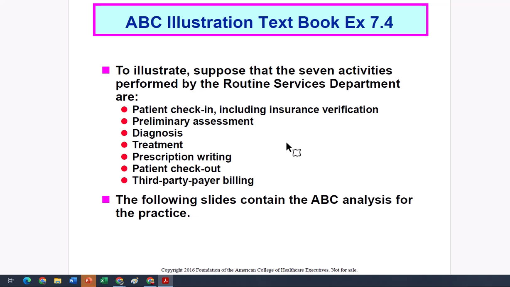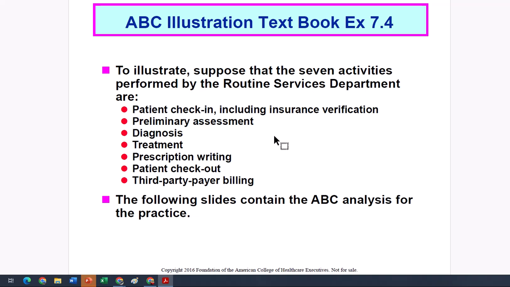We have 7 activities that are performed by this department. We're checking patients in, doing a preliminary assessment, a diagnosis, a treatment, writing a script, patient checks out, and we do a billing. These are activities that are done for all the services that are provided to the patients.